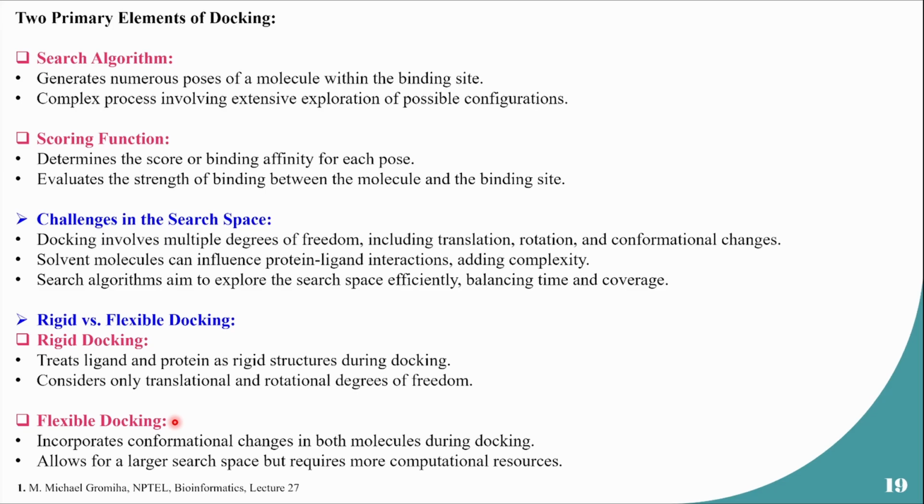And the protein parts are kept rigid. So that is also a balance that you can take, and a lot of people do that. It just depends on what kind of performance you have in your computer, in what time you want to get the results, and also on the size of your library, of course.